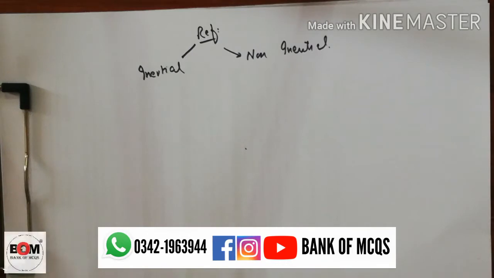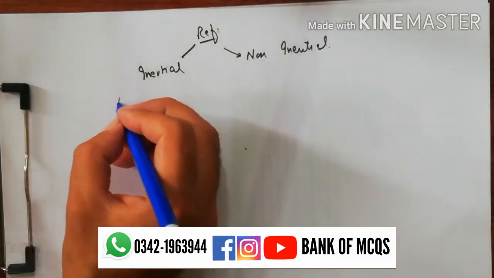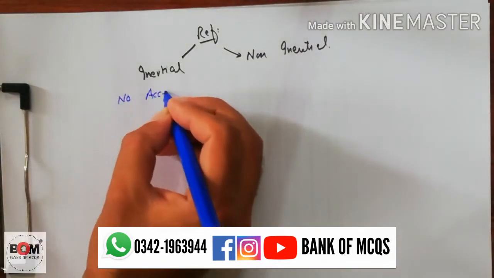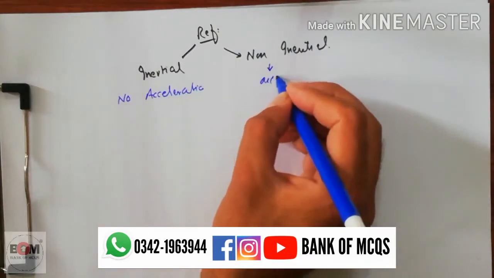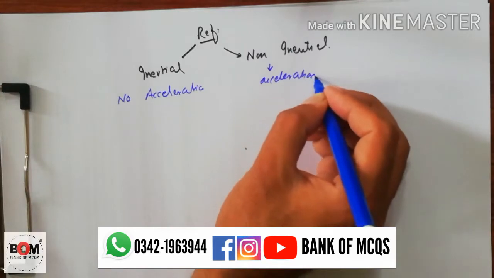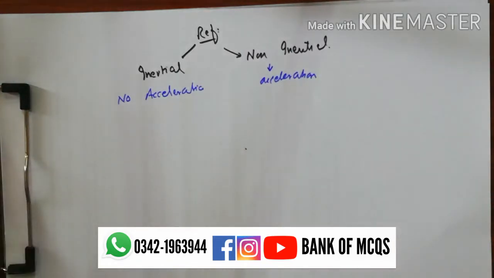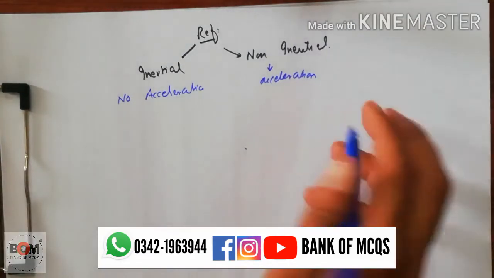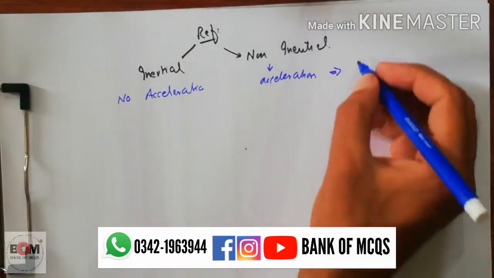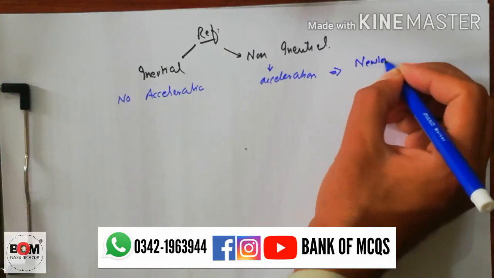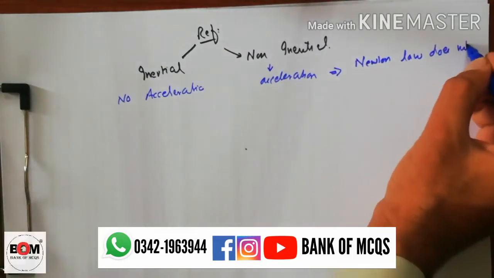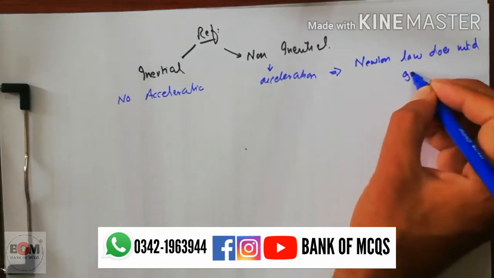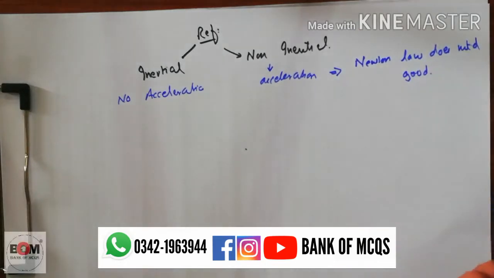Inertial references have no acceleration, while non-inertial references have acceleration. In these references, where acceleration is present, Newton's laws don't hold good, because Newton's law involves acceleration.